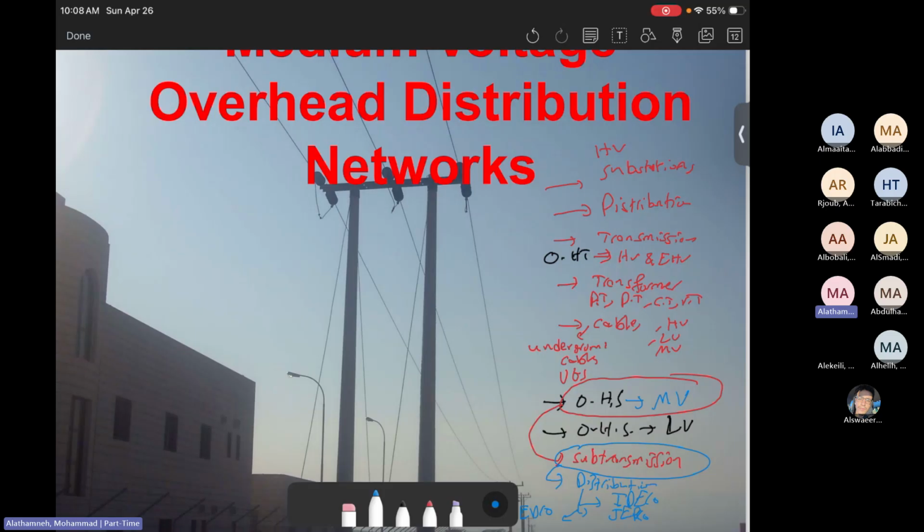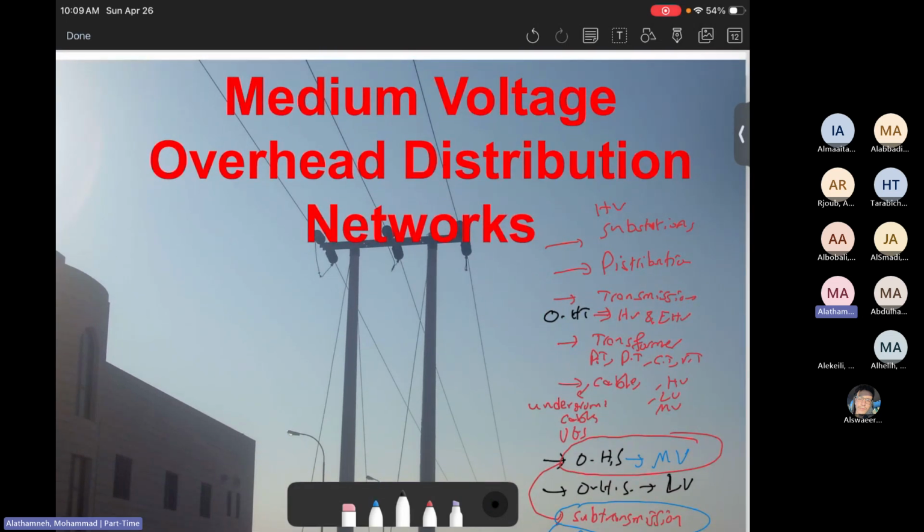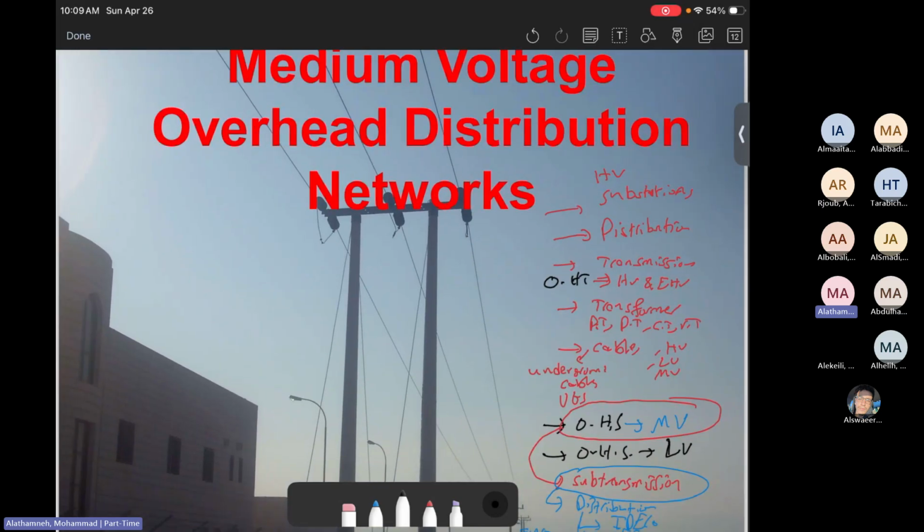These are called medium voltage poles. They can be either 33 kilovolts or 11 kilovolts. That's in Jordan. I think maybe there are a few 66 kilovolt lines, but maybe 6 kilovolts are no longer in service. I'm not sure if they are still in service or not. But I would say the main voltage in medium voltage is either 33 kilovolts or 11 kilovolts.